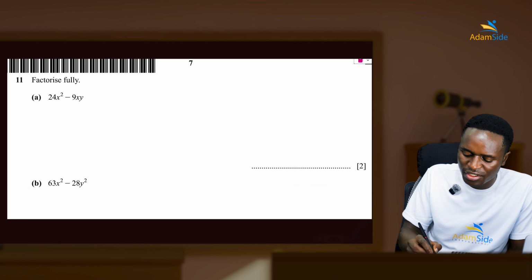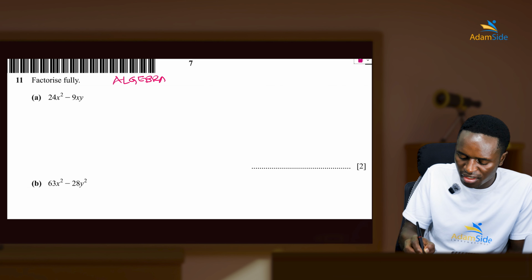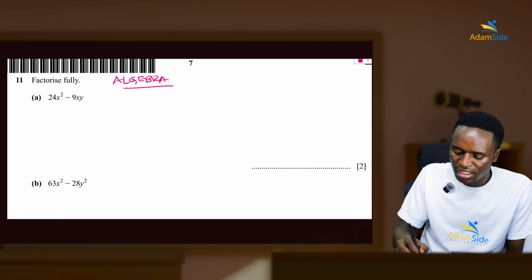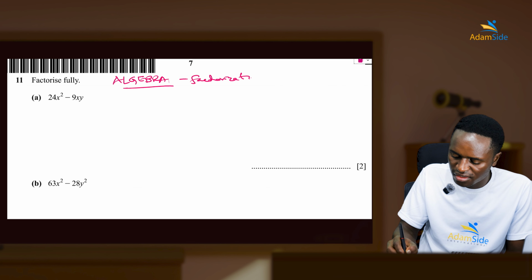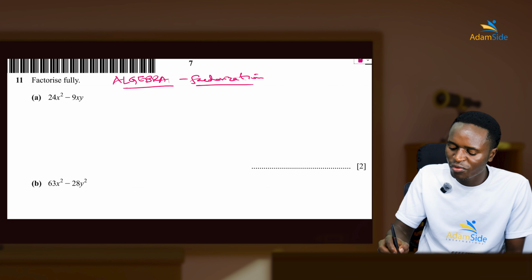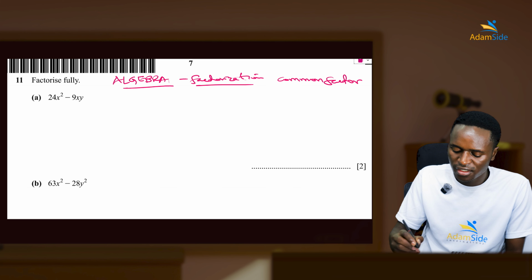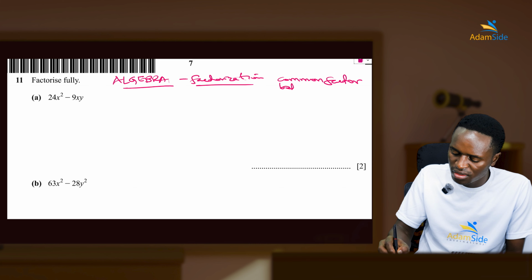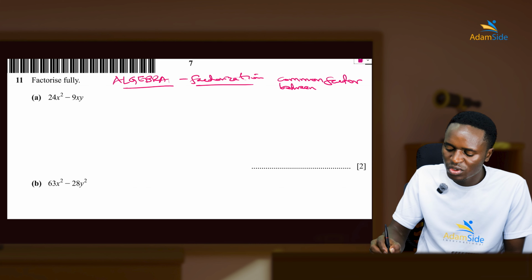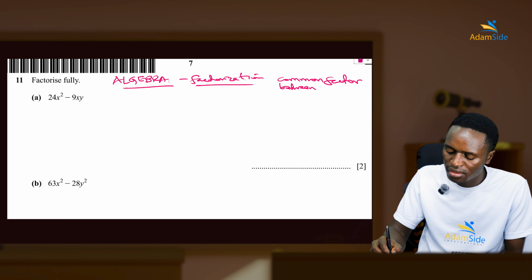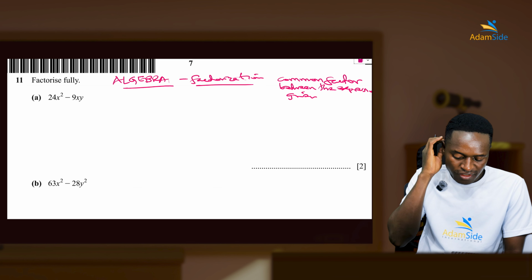Factorize fully. This is in the unit of algebra. Factorization means you look for a common factor between the expression, like which number divides both of them.